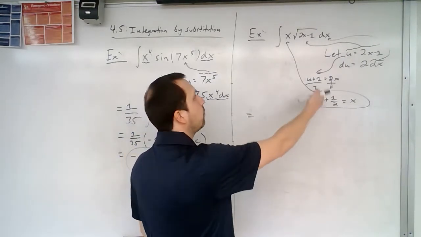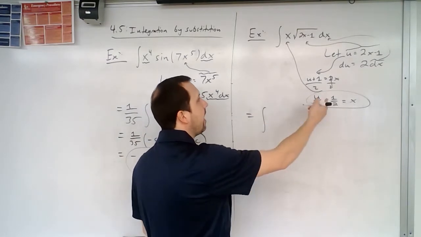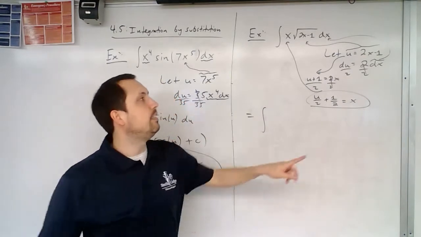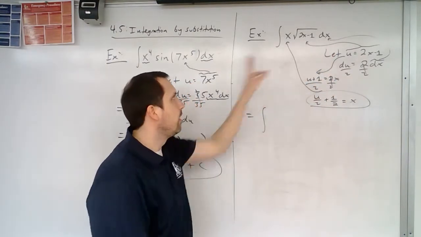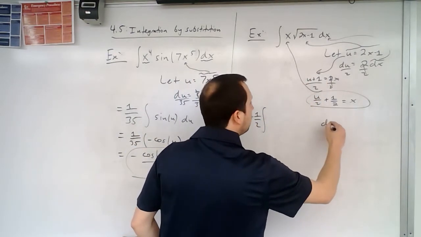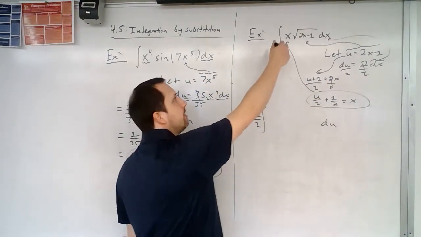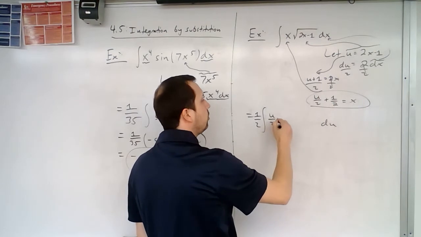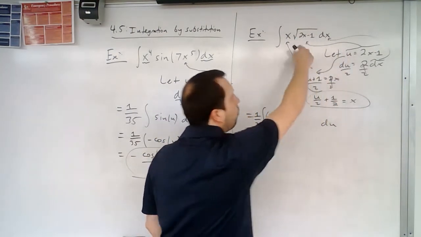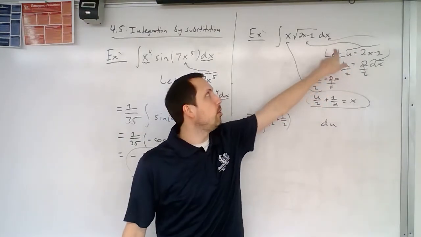So if we now work with this, I can now substitute in. So I divide over the 2. So I have my du over 2 is my dx. So I can, again, pull out the 1/2 with the du. I have this x is u over 2 plus 1/2. And I'm multiplying this by the square root of u because I substituted in the u underneath that.